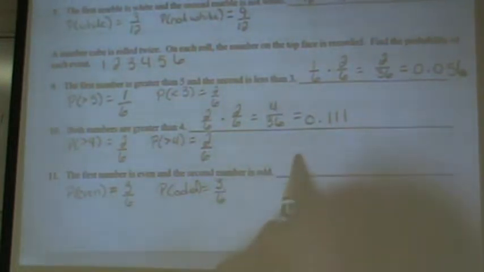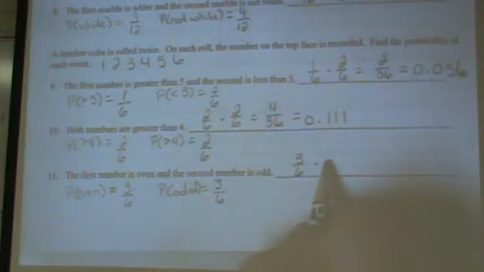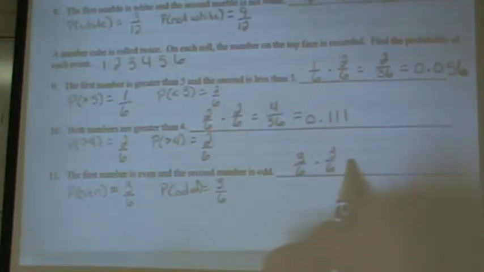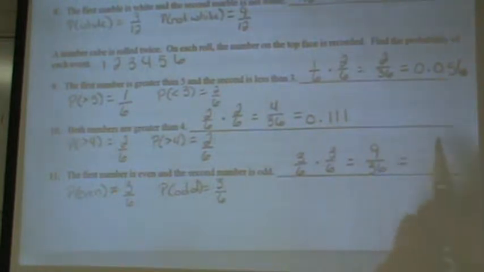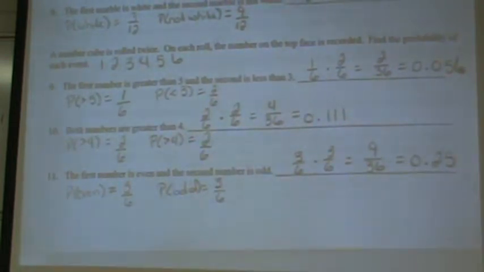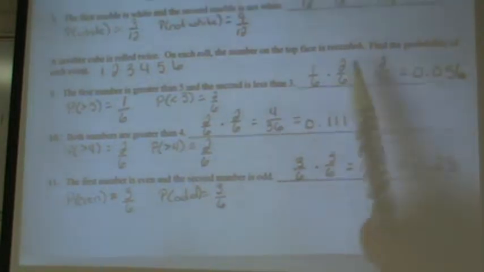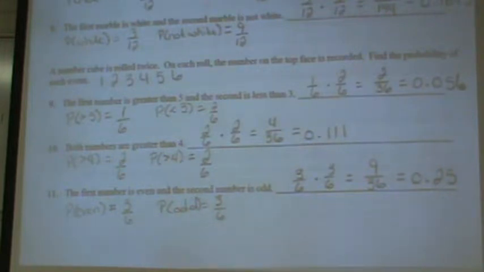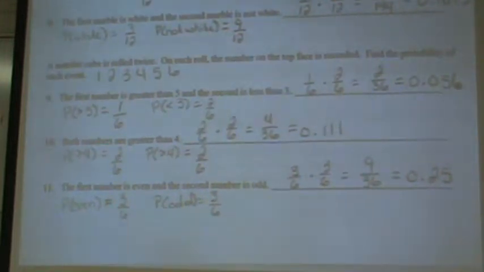So we're going to multiply these, 3 over 6 times 3 over 6 gives us 9 over 36, which gives us 0.25. And again, all of these decimals could be converted to percentages simply by multiplying by 100. All of our decimal answers for all of our problems could be converted to percentages.